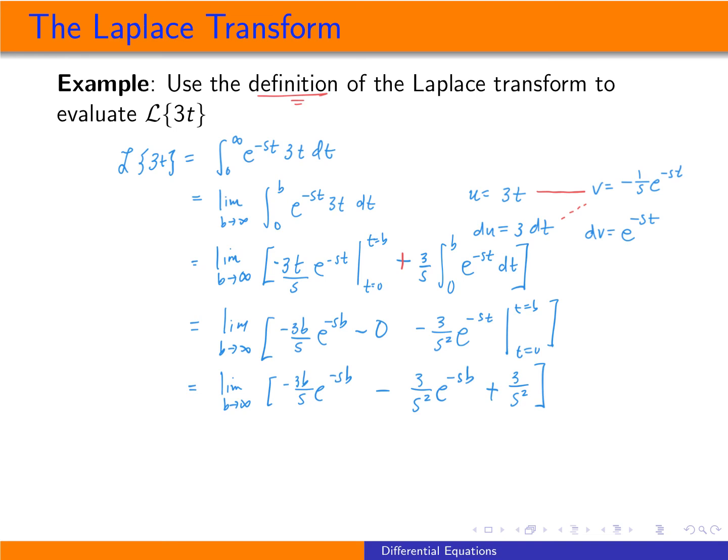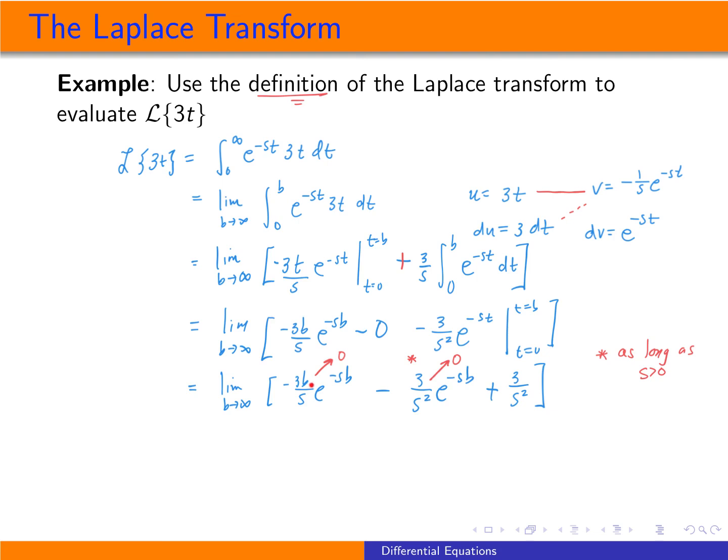And now we are to the final step. As we've observed multiple times in class, as b goes to infinity, this middle term will approach 0. I'm going to put a small asterisk here to indicate that this is true as long as s is a positive quantity. Similarly, this first term will go to 0.